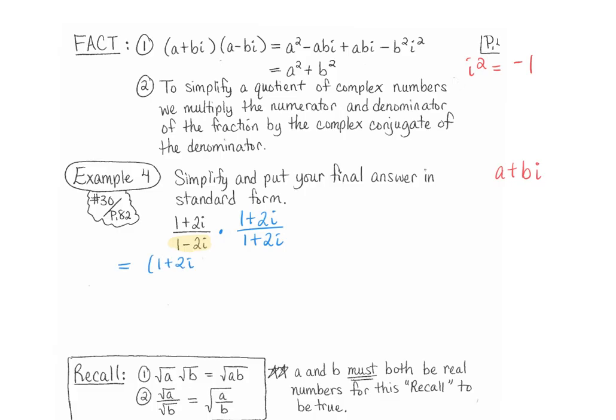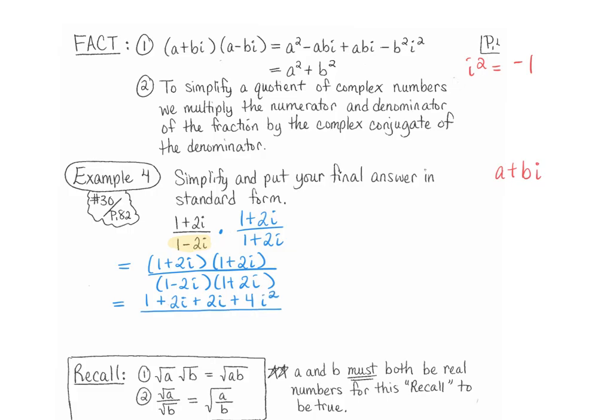Then we rewrite this. This is 1 plus 2i, numerator times numerator, over denominator times denominator. So this gives us, using the FOIL method, remember you multiply your first, your outer, your inner, and your last. So we get 1 times 1, which is 1, plus 1 times 2i, which is 2i. Your inner is 2i times 1, so that's plus 2i, plus 4i squared.